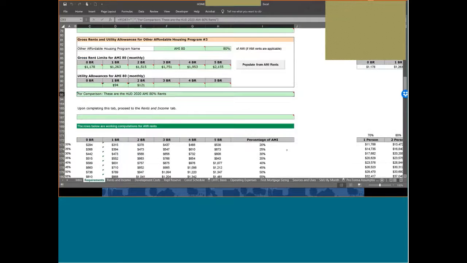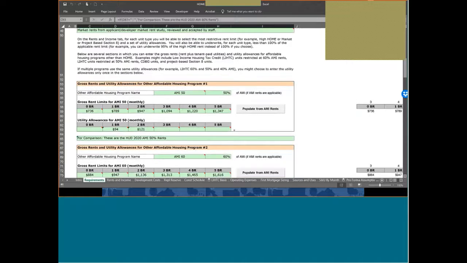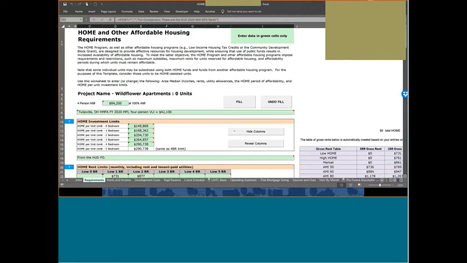And then down at the bottom, there's a handy reference chart about what rent limits are as a percentage of AMI. And that's pretty much all that you need to do on the requirements worksheet. Again, it's high-level parameter type information with respect to rents and HOME investment limits.